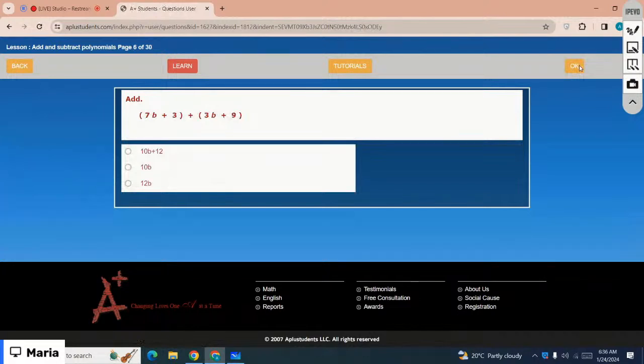Okay, the next one is 3b plus 3 plus 3b plus 9. Which is the correct option?